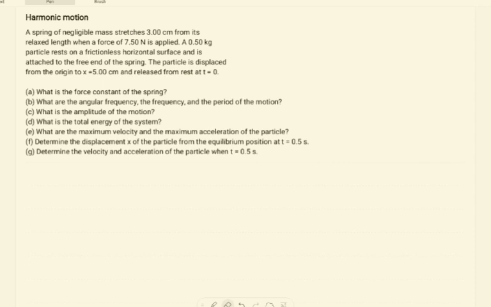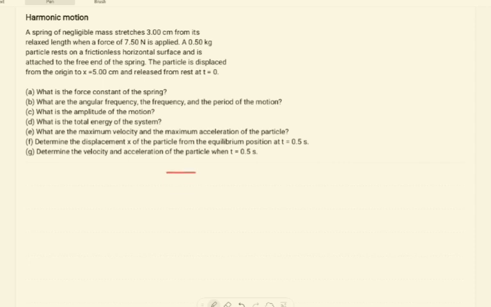The particle is displaced from the origin to 0.25 centimeter and released from rest at t equals 0. So according to the first initial thing, let's simply illustrate the given information here.